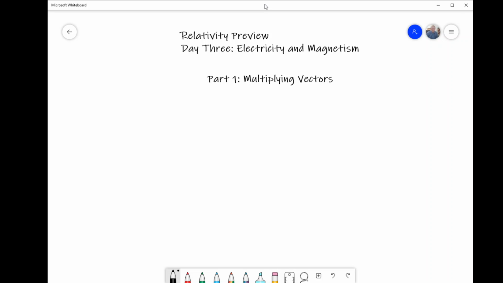The first piece of information we need to do that is to know how to multiply vectors. We have been dealing with vectors so far. We've never had to multiply them. For example, if you have two vectors, A and B, how can you multiply them? We've got 3 components, x, y, and z, in each.